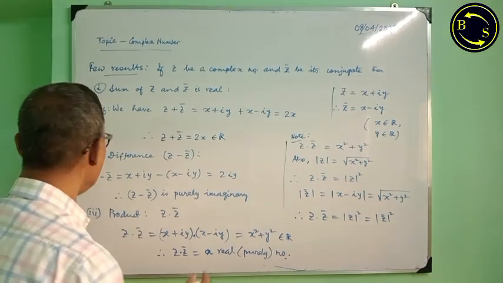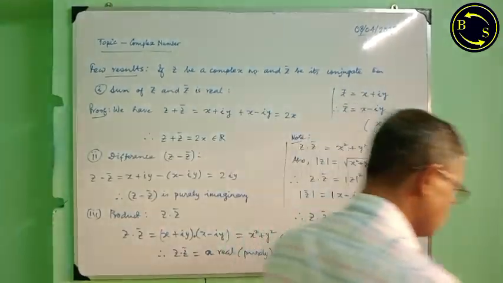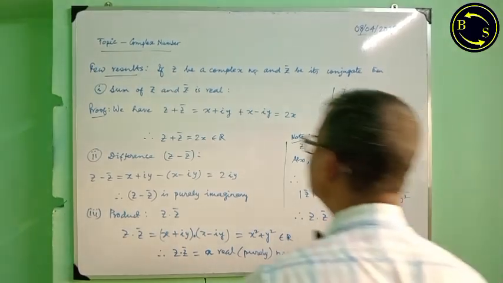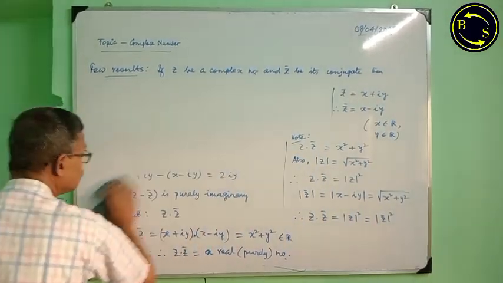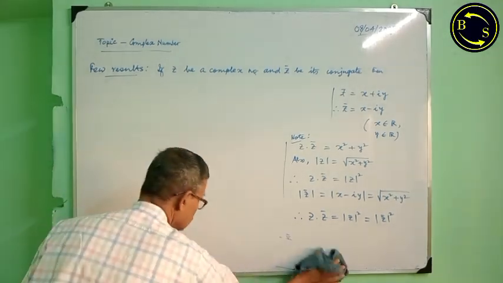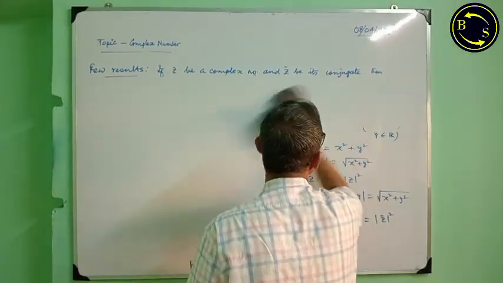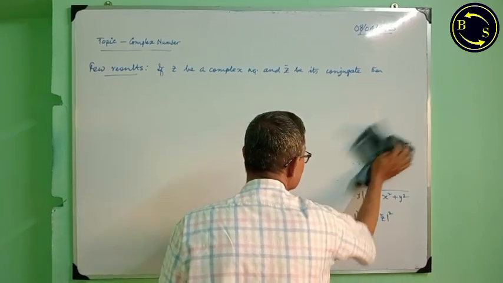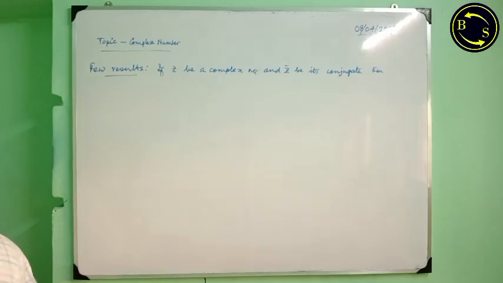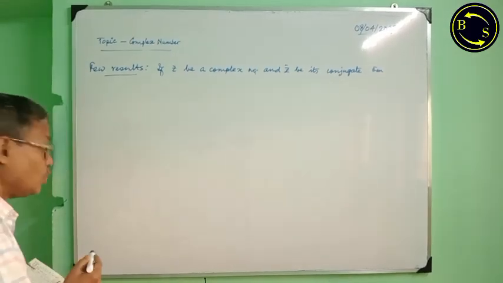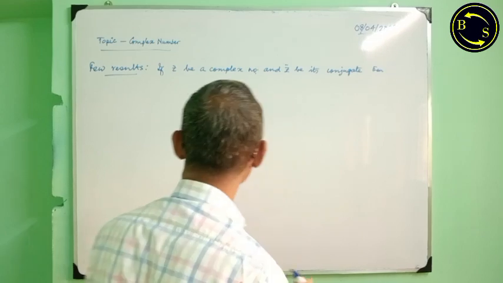Next, number 4. We have considered sum and difference, then product.